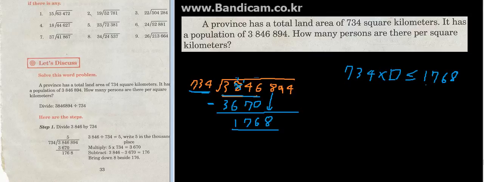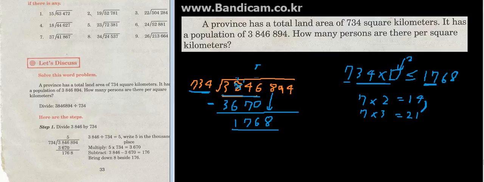Let's look at this number as 17 and 7. 7 multiplied by 2 is 14, and 7 multiplied by 3 is 21. 17 is between the two numbers, and as the product should be smaller, we take 14. So let's place 2 in this blank.